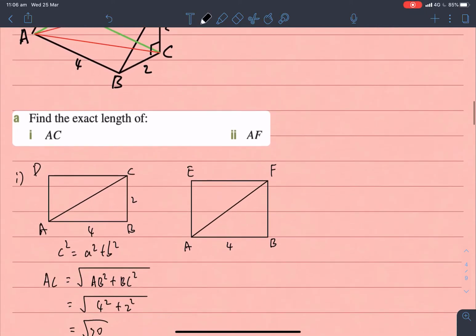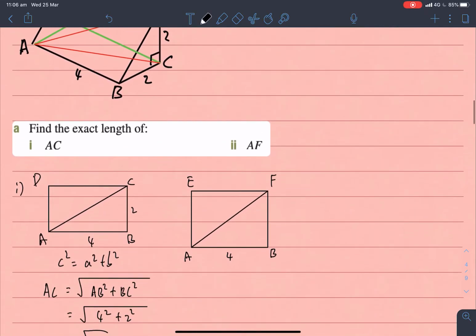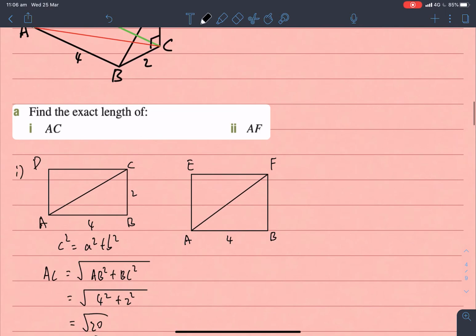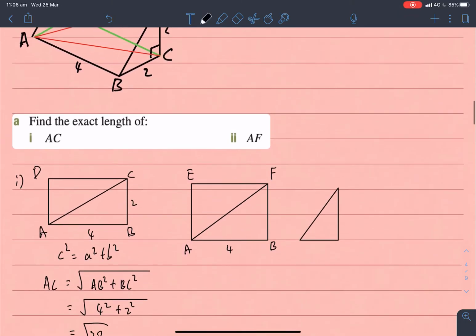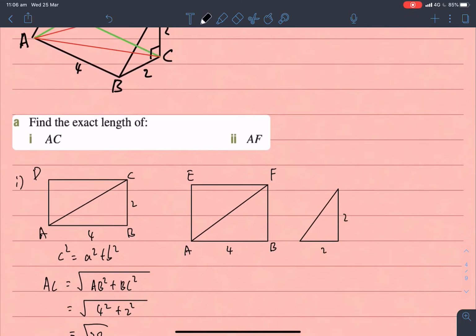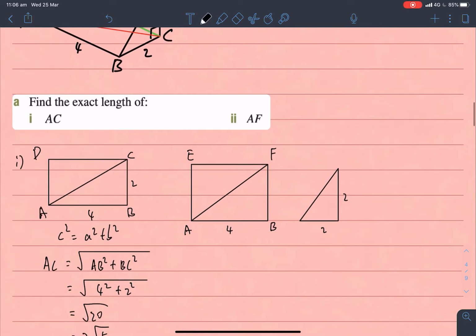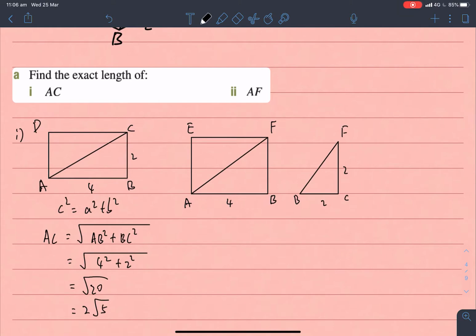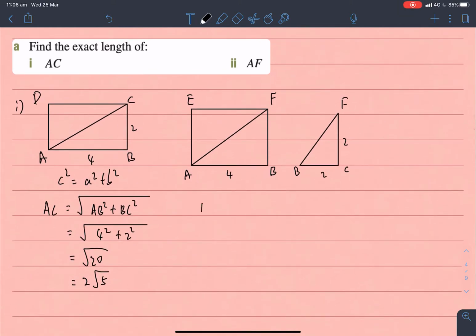We don't know BF yet. But BF is also on a right angle triangle, and you've got 2. Wait, that's B, C, F. So we need to work out BF first.